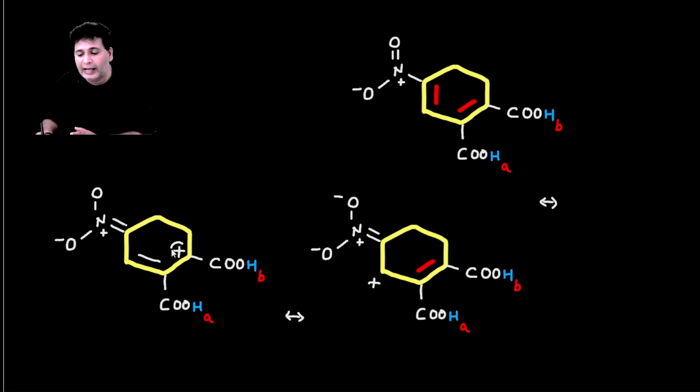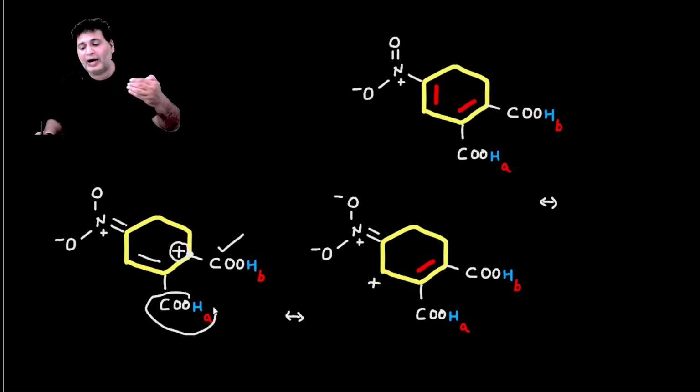You should understand the plus charge is coming in the neighborhood of this carboxylic group, but once you see the position relative to this carboxylic group, you can see it is not coming in the nearest neighborhood. This carbon is not having the plus charge on it because of the minus M effect.